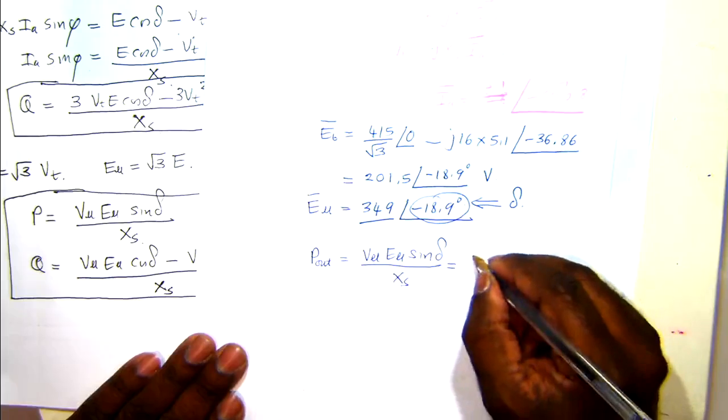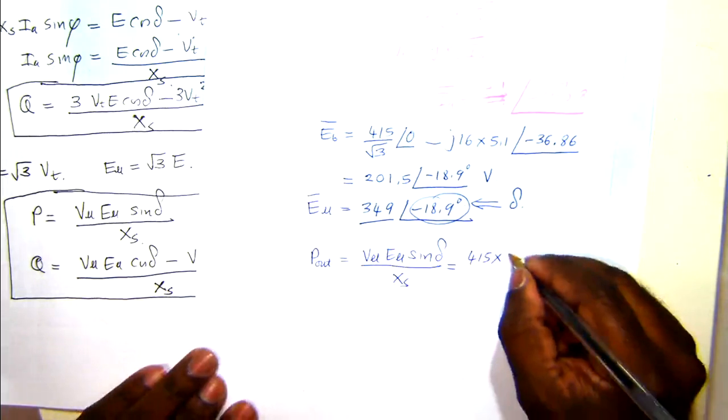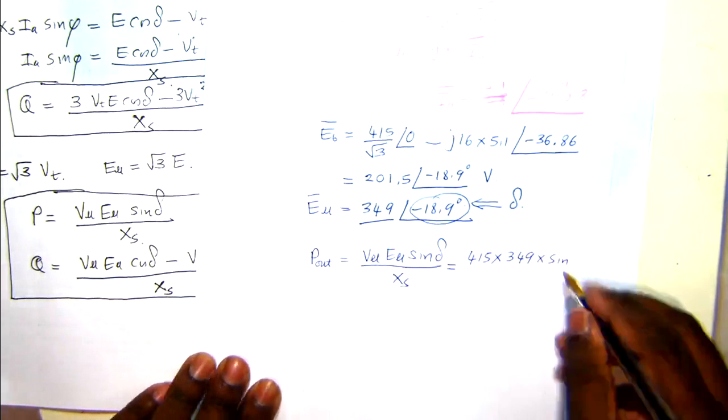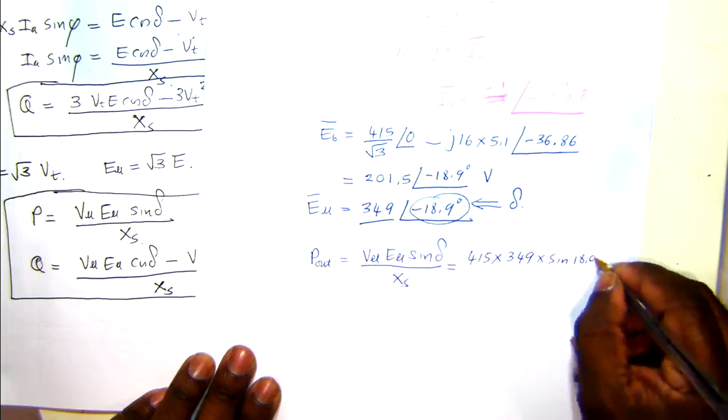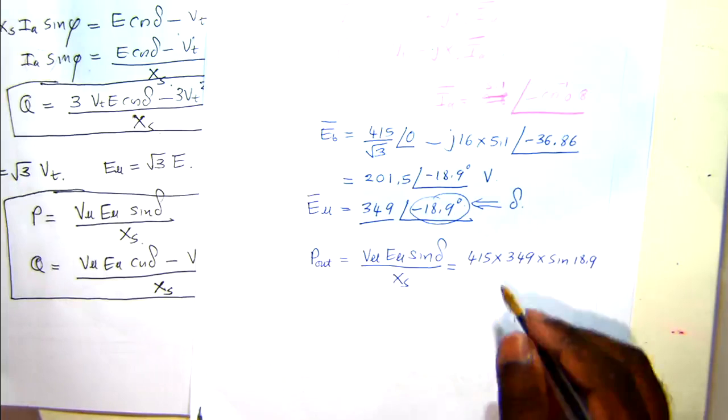So P, that's the output power, is V line-to-line, E line-to-line, sine delta over XS. So V line-to-line is 415, E line-to-line we found as 349, and then sine delta. I'll write just the magnitude. We know that the power is going into the synchronous machine, it's actually, as a generator, consuming power, not delivering power, so that's why you have a minus here.